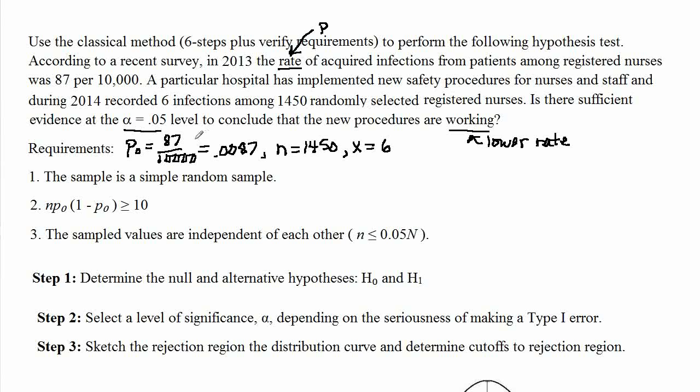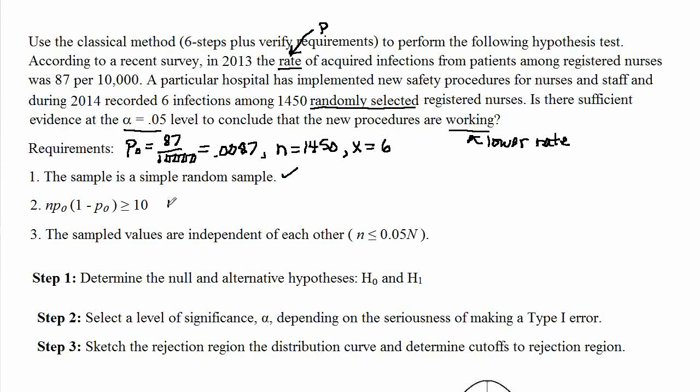First let's verify the requirements, make sure we can do the hypothesis test. The sample is a simple random sample. These are randomly selected registered nurses, so we're good here. We need to verify N times P0 times 1 minus P0 is greater than or equal to 10.